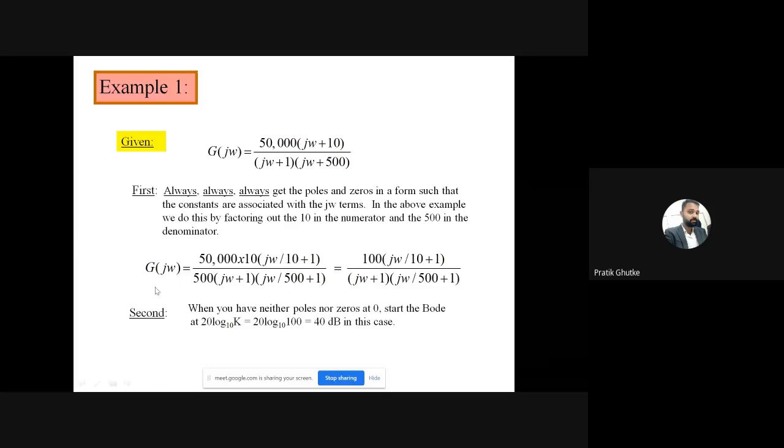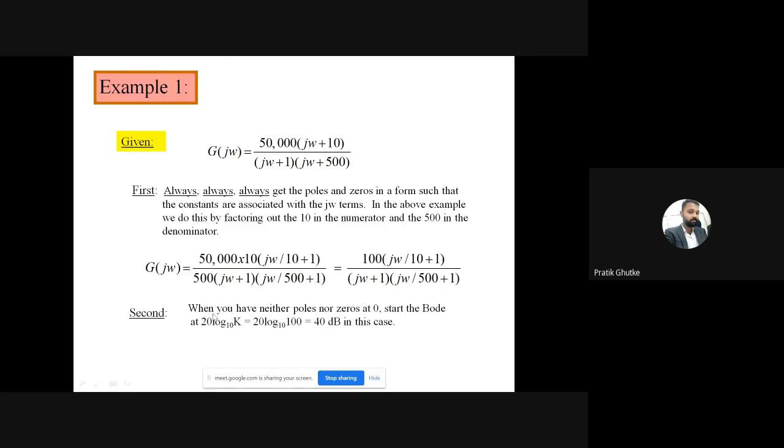In the denominator, j omega plus 1 is in standard form, but j omega plus 500 is not, so I will take 500 common from here: 500, j omega by 500 plus 1. By simplifying, what will I get? 100, j omega by 10 plus 1, and in the denominator j omega plus 1 and j omega by 500 plus 1. Now it is in standard form.